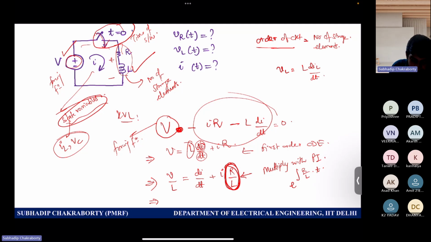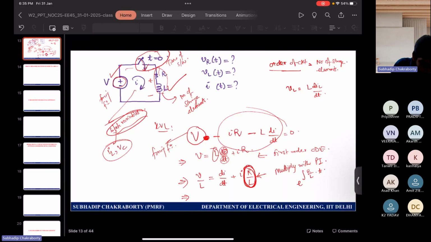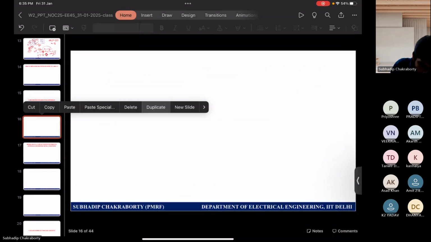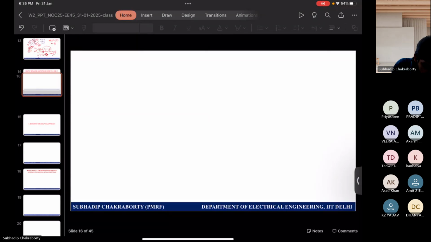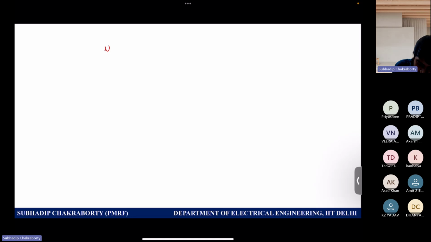So I go to the next page. Okay, just form a new page. So I can write V/L equals di/dt plus R/L times I. And then I multiply with e to the power integral R/L dt. This is the particular integral, and how did we form it?